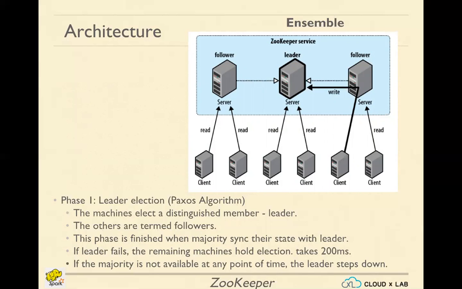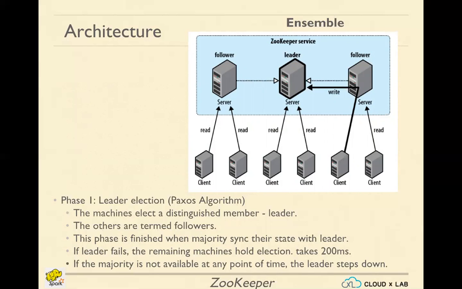Those requests will be redirected by all the followers to the leader, right? And at any point of time, if the leader goes down, the election will happen again and somebody will be made leader.